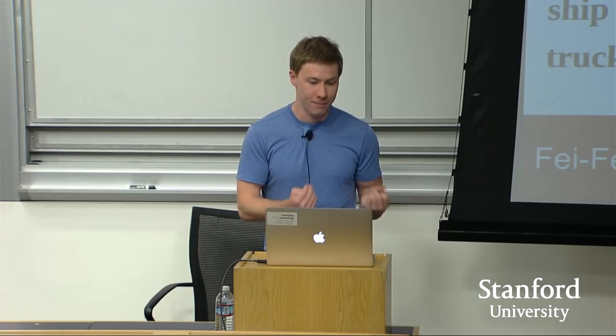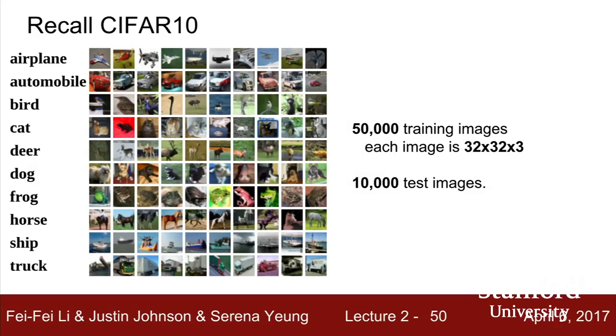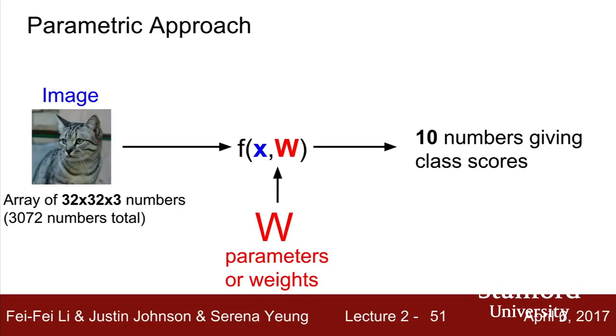But that's a little bit too exciting for lecture 2, so we have to go back to CIFAR 10 for the moment. Recall that CIFAR 10 has 50,000 training examples. Each image is 32 by 32 pixels and 3 color channels. In linear classification, we're going to take a different approach from k-nearest neighbor. The linear classifier is one of the simplest examples of what we call a parametric model.